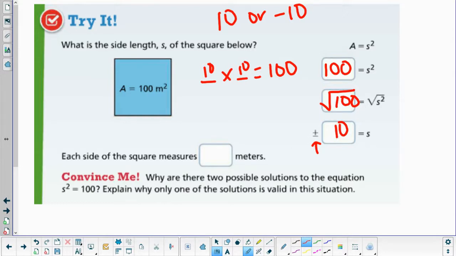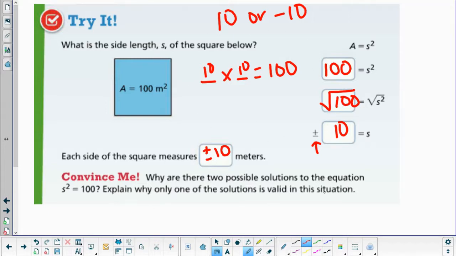Now here's what we have to think about. If this was a table, would it make sense to have negative 10? Could a table have a length of negative 10? No, it cannot. So for this one, we know it's plus or minus 10. But down here it says, why are there 2 possible solutions to the equation? Explain why only one of the solutions is valid. So in this situation, this is why we have 2 solutions, right?